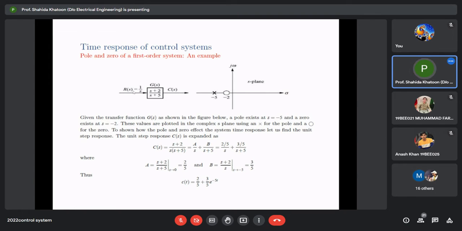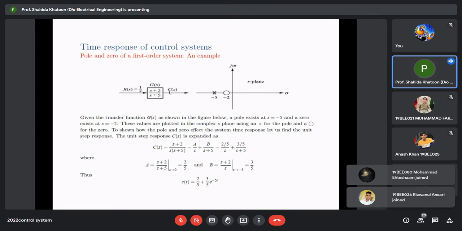If you try to find the output C(s), it will be G(s) into R(s), where R(s) is 1 by s and G(s) is s plus 2 upon s plus 5. So C(s) becomes s plus 2 upon s into s plus 5.